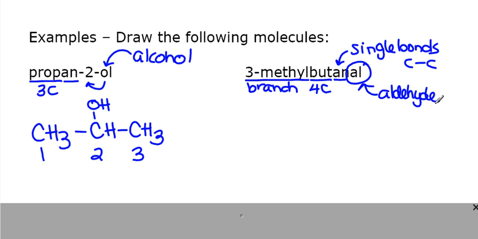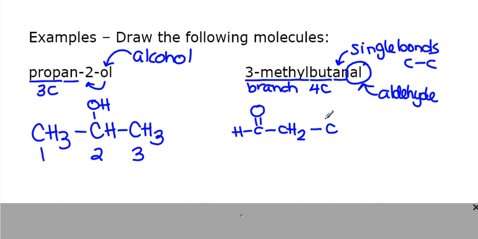You've got the formyl group. Formyl group is that carbon with a bond to hydrogen and a double bond to oxygen. You don't see numbers with this one because it's number 1. So let's start to do this. With these ones, I'm going to put my formyl group on first. This is carbon 1. Then I've got carbon 2, so I need CH2.